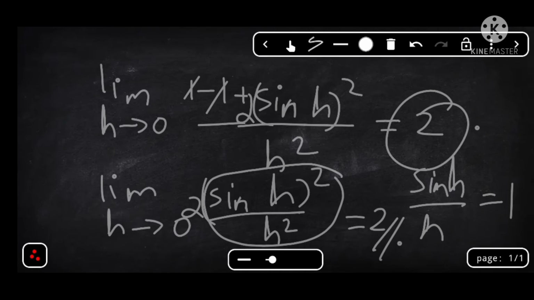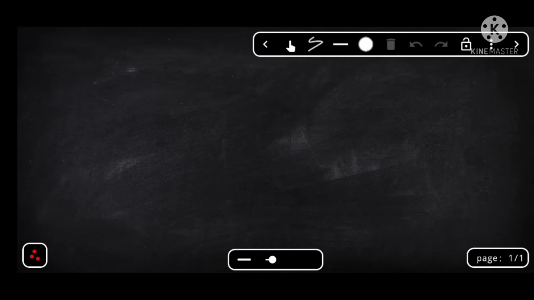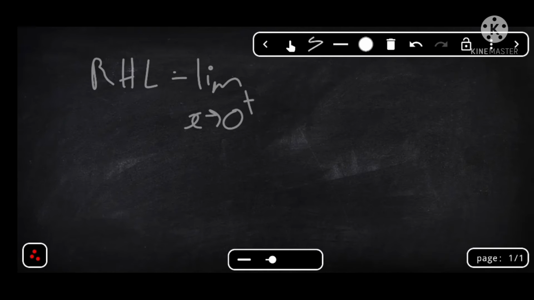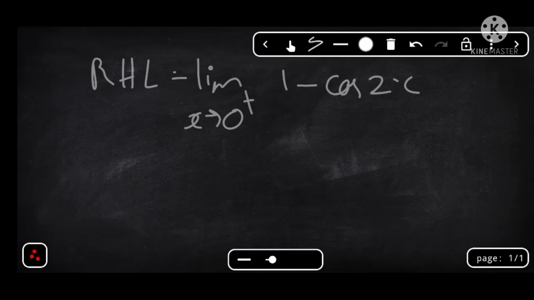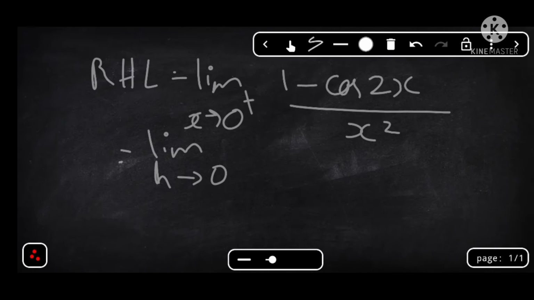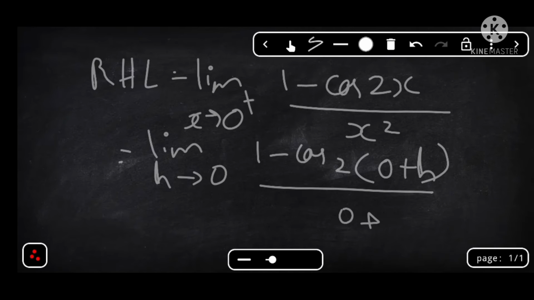Now we'll check RHL. So RHL will be limit x tends to 0 plus, that is 1 minus cos 2x divided by x square. So limit x tends to 0, 1 minus cos 2 times 0 plus h divided by 0 plus h the whole square.